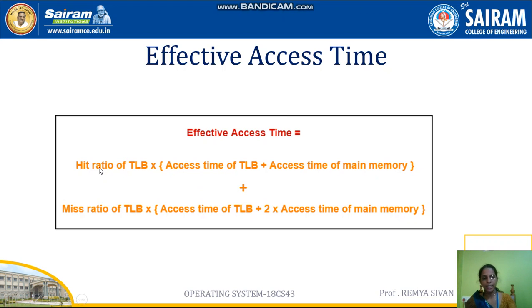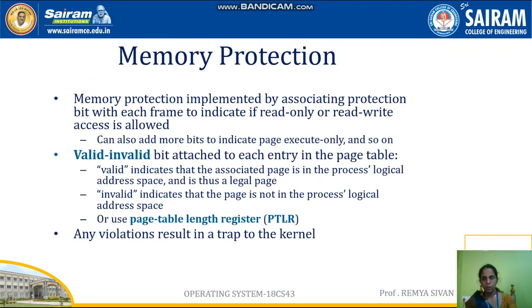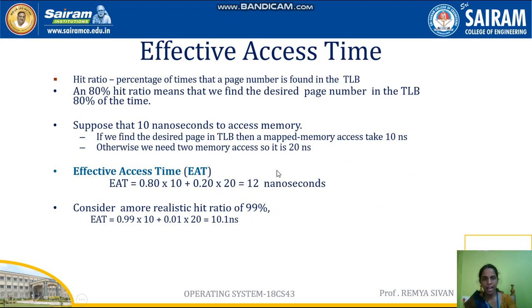So the hit ratio is given as 80%. 80% means 0.8, so 0.8 will be the hit ratio. So 0.8 into (0 for the TLB access time, since it is very small compared to the access time of main memory, plus the access time of main memory, which is 10 nanoseconds).